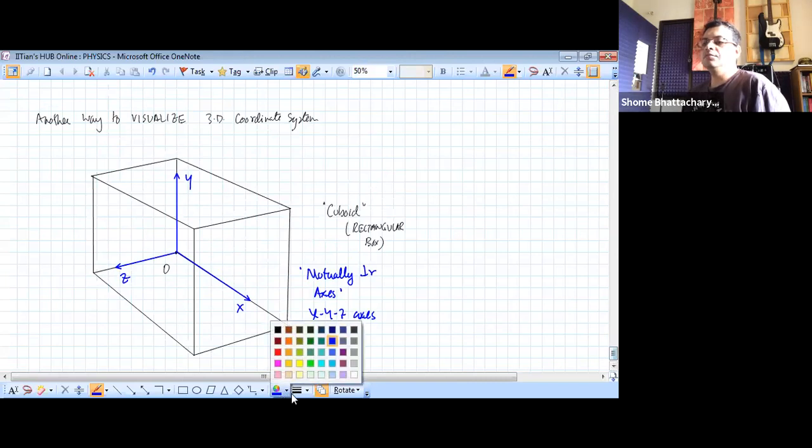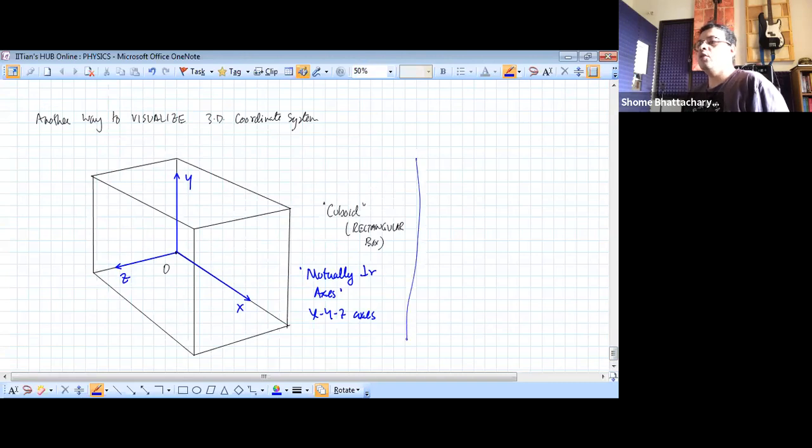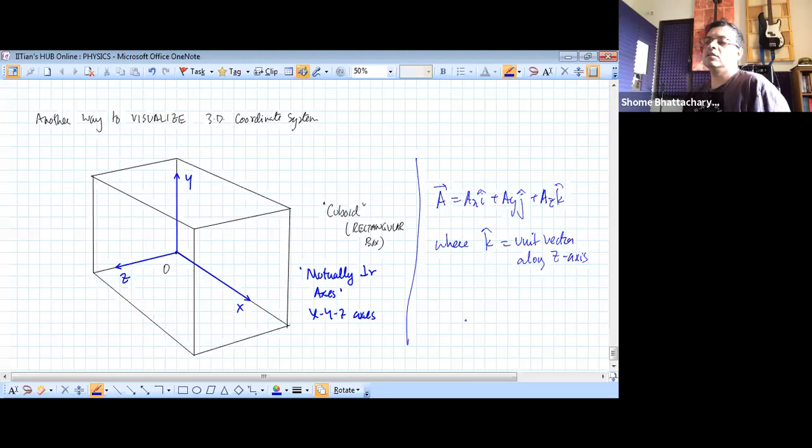Now in this system, once we have developed the coordinate frame, a vector in component form is written like this. It is written as Ex i cap plus Ey j cap plus Ez k cap, where the new thing is k cap, that is a unit vector along the positive z axis.